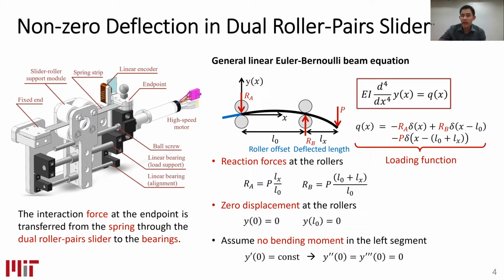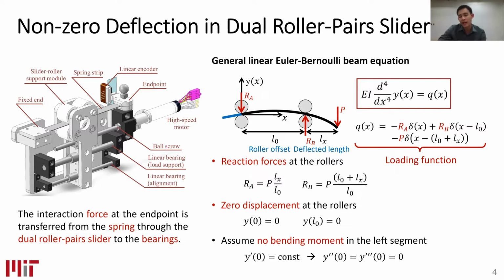From the general linear Euler-Bernoulli beam equation, we have a fourth order differential equation that relates the vertical deflection y to the loading function. In the loading function, we have RA, the reaction force on the left pair of rollers, RB, the reaction force on the right pair of rollers, and the endpoint applied force P. We can obtain the magnitudes of the reaction forces from the equilibrium of moments.